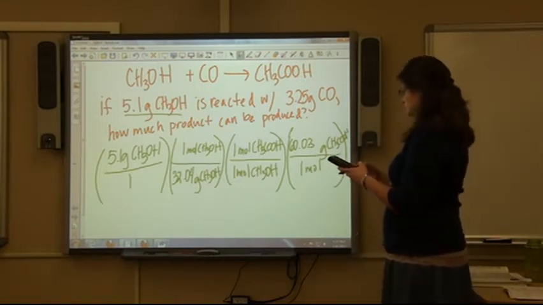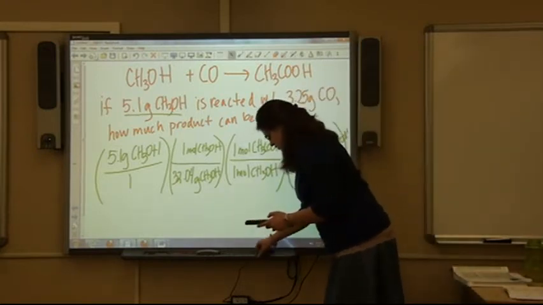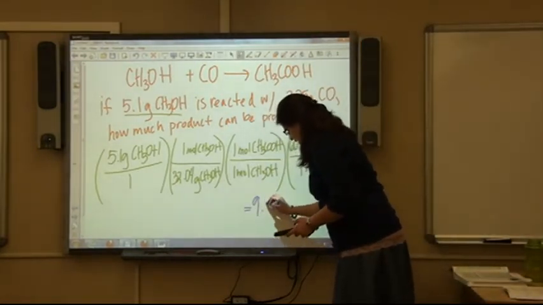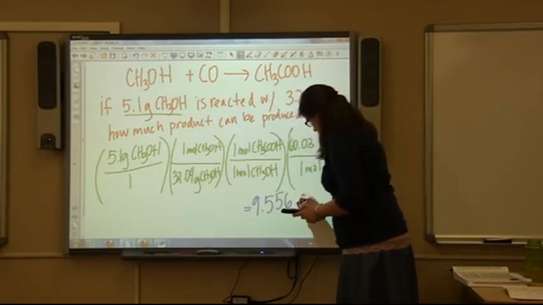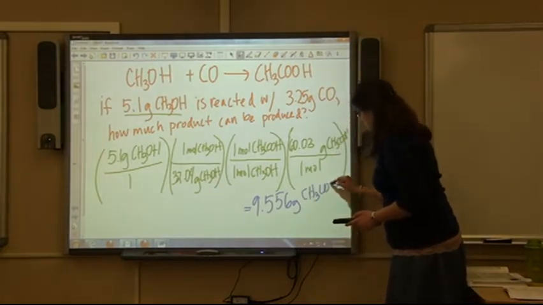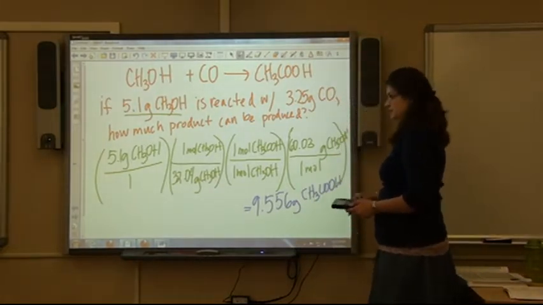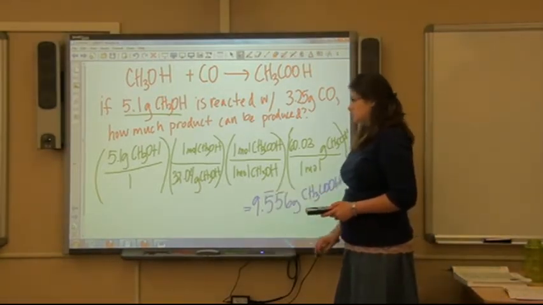Okay, so if you do this math, divided by 32.04, you'll get an answer of 9.556 grams of acetic acid, CH3COOH. How many sig figs should you have? Only 2.